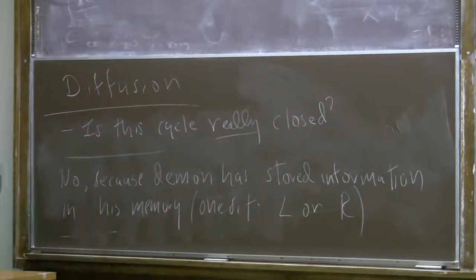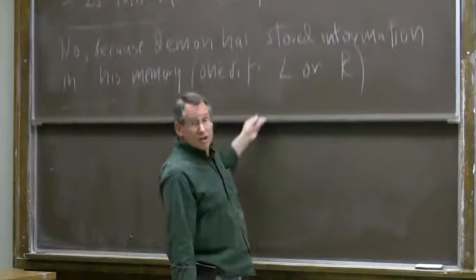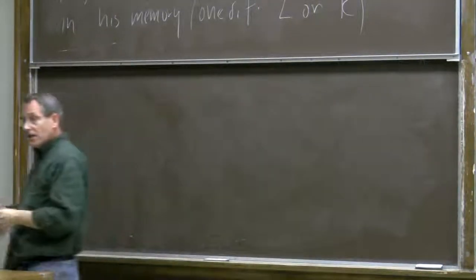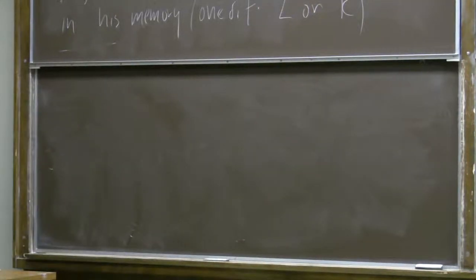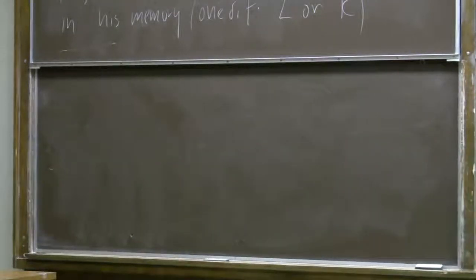Okay. So really, the system that we're considering is not just the gas, the one molecule in the box. It is one molecule in the box and the demon's memory. We brought the gas back to its original state, but not the memory.